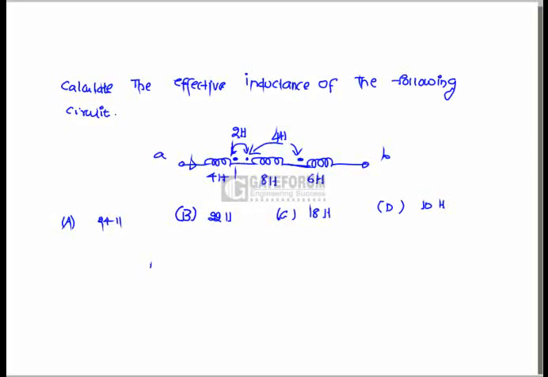We have to calculate the equivalent inductance between the terminals A and B. That is given as follows. L effective equals L1 plus L2 plus L3 minus 2M12 plus 2M23. The sign of the mutual inductance is decided by how the current is entering and leaving.